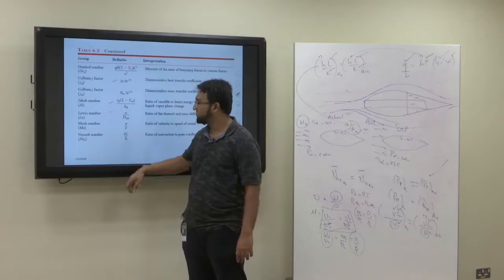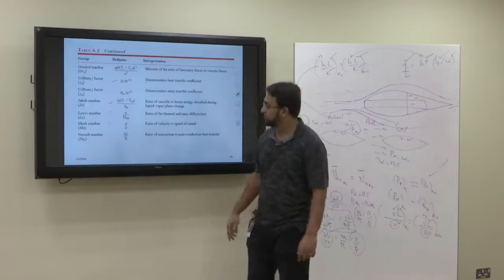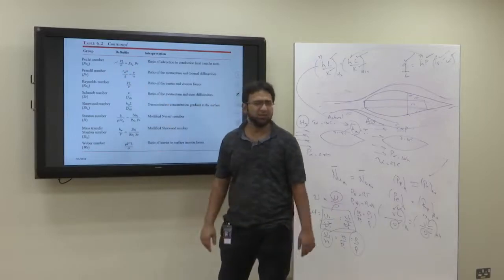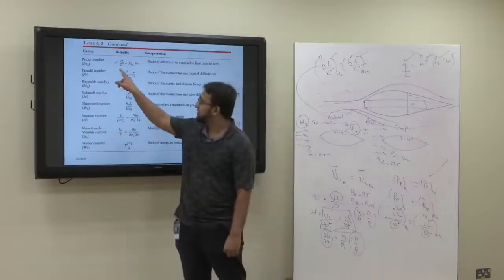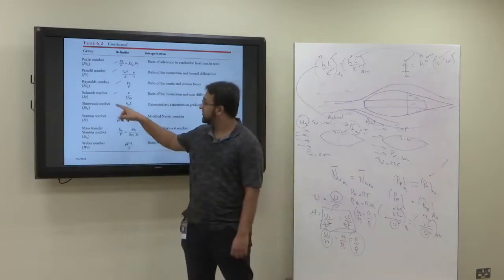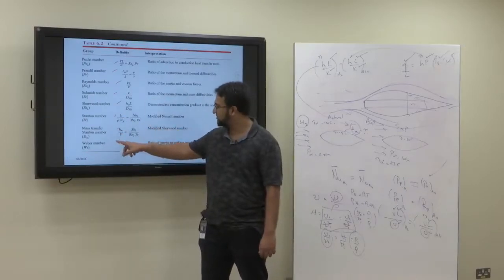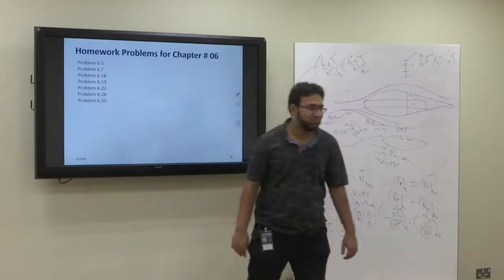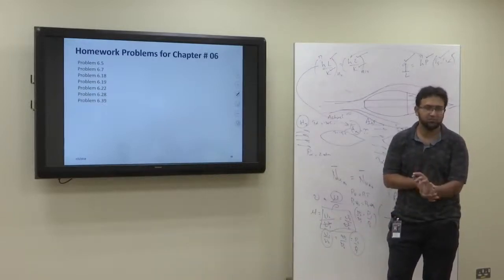You have Lewis number, studied in chapter 14. Mach number you will not study at all here. Nusselt number is something you studied. Then you have Peclet number, which you either studied in fluid mechanics or will not study. Then Prandtl number, Reynolds number, Schmidt number, which you will study in chapter 8, and Sherwood number, also in chapter 8. Stanton number is not used much here, and Weber number will also not be used here. These numbers are placed here for your knowledge, and we will be using some of them in future as well.